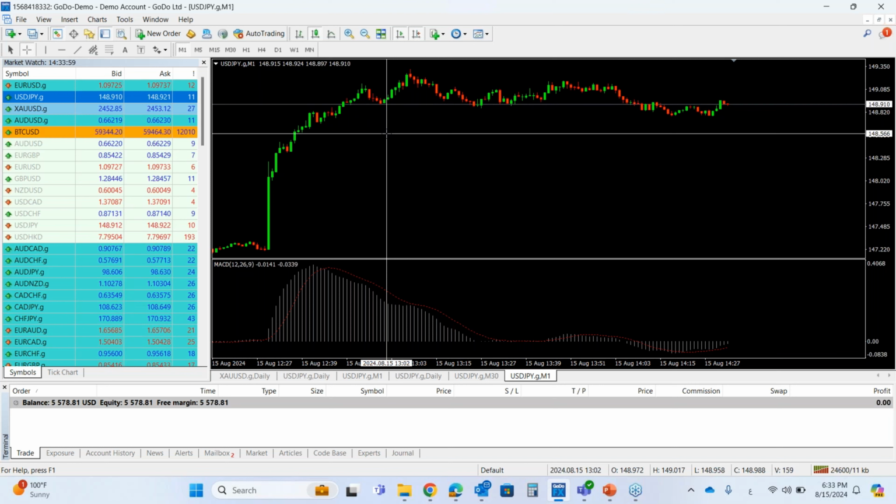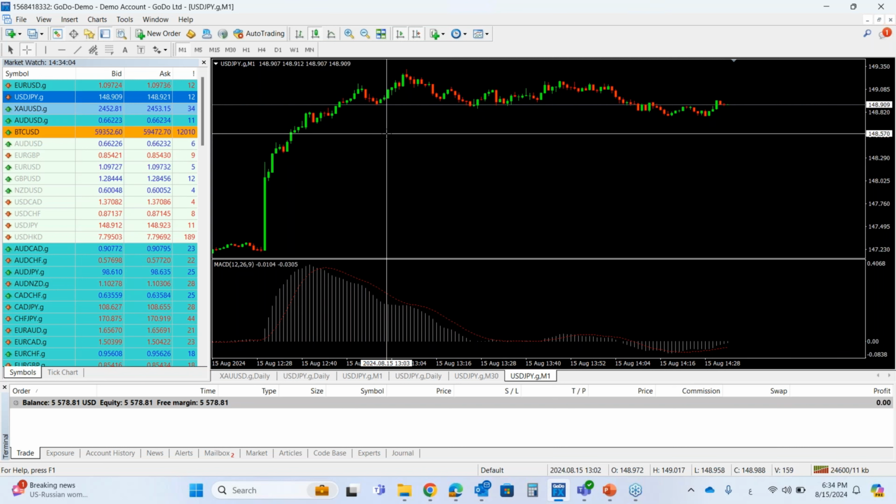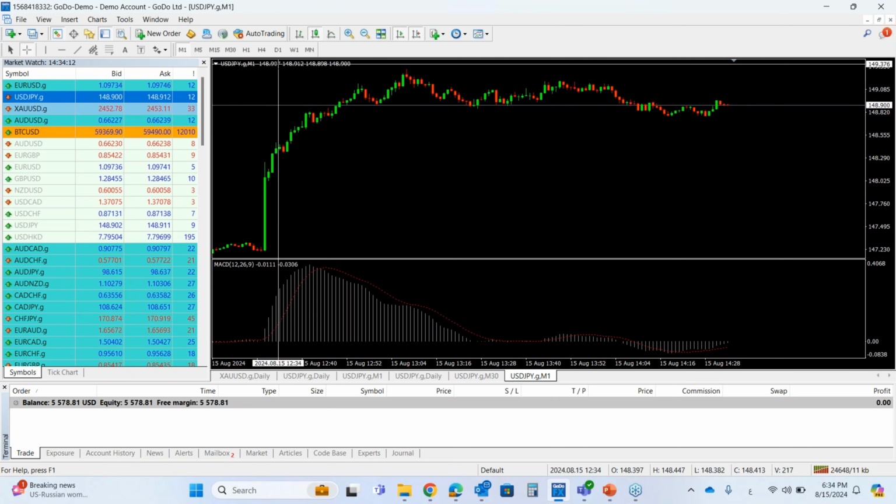They finally decided to increase it, while at the same time the Fed is decreasing the interest rate. This is fundamentally giving you an indication that the dollar will be weaker against the yen.